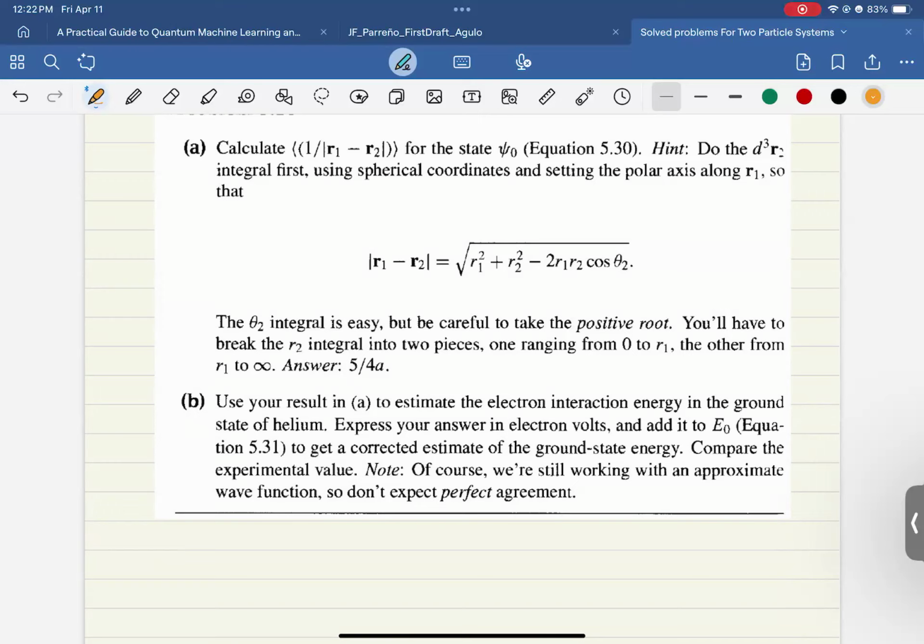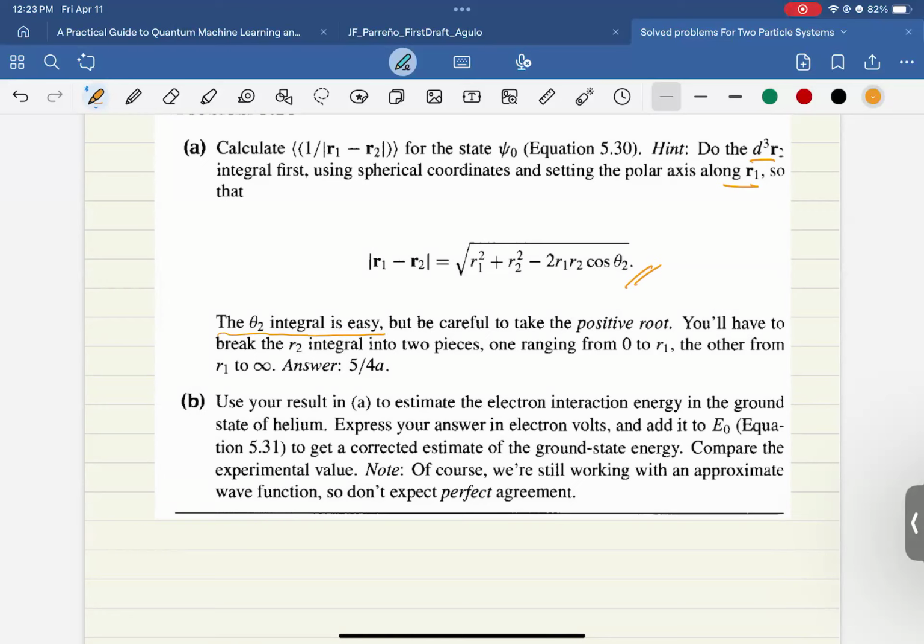Okay, so ang hint dito is first do the volume integral ng d3r2 using spherical coordinates and then set the polar axis along r1 so that |r1 minus r2| is equal to the square root of r1 squared plus r2 squared minus 2 r1 r2 times cosine theta 2.